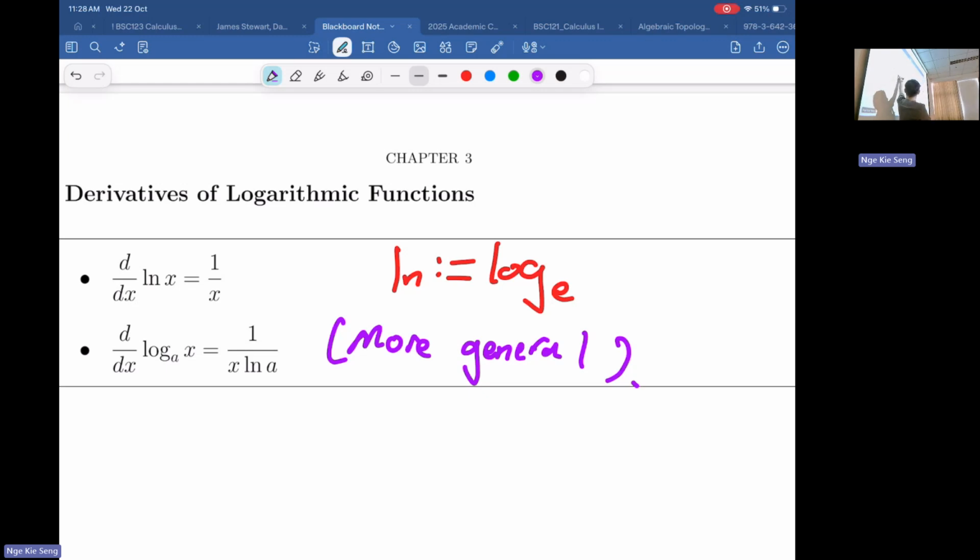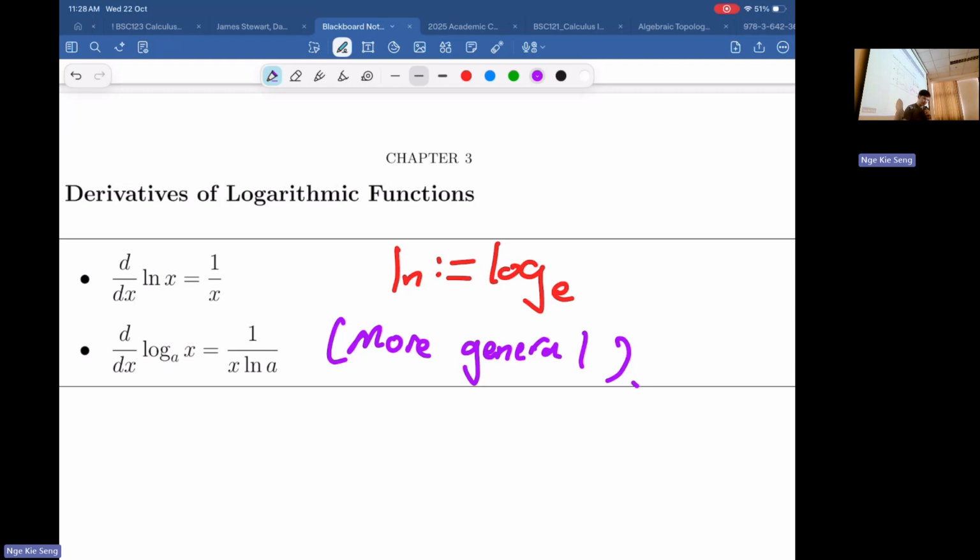So ln x is a function whose derivative is 1 over x. This is very useful, in particular later when we learn integration. You can think of it as an inverse operator. You differentiate this function, you get a derivative, and then you integrate the derivative, you get what we call the antiderivative.